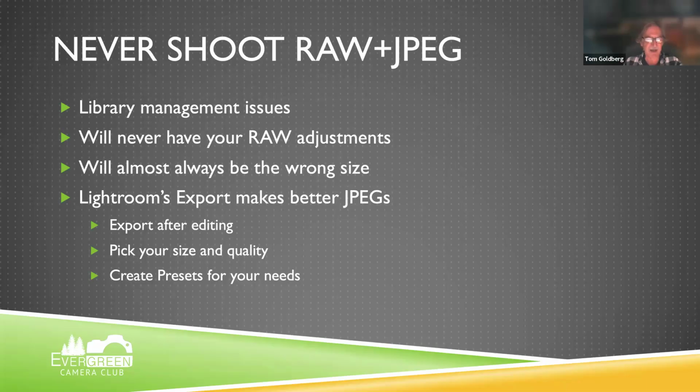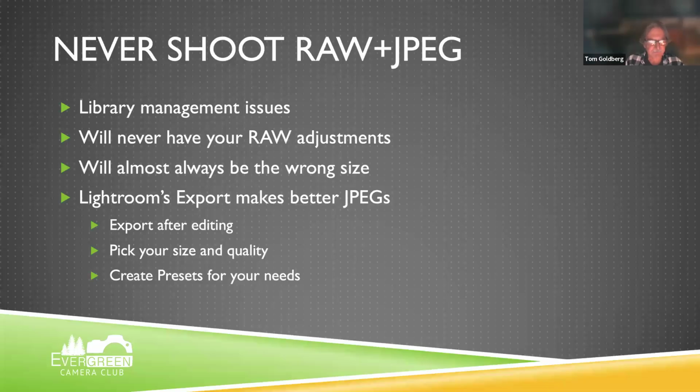But the thing about the RAWs and the JPEGs is if you're in Lightroom adjusting your RAW images, those adjustments never impact your JPEGs. Or even worse, maybe you accidentally were adjusting your JPEG, not your RAW image. So all your edits went into the wrong file.